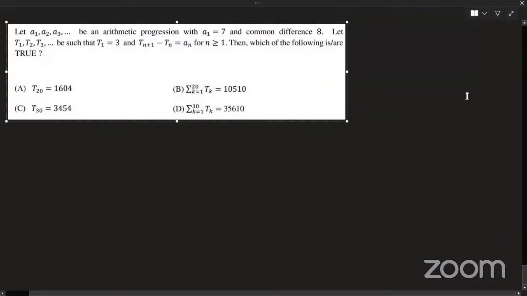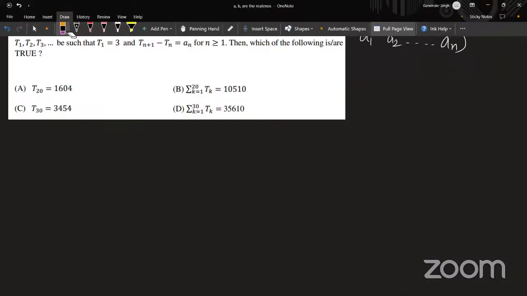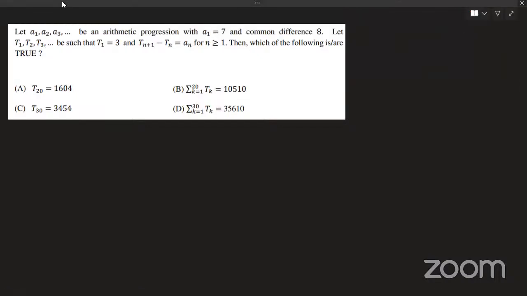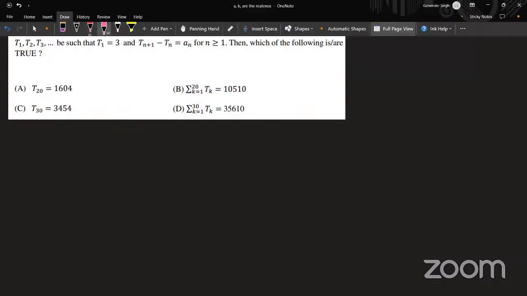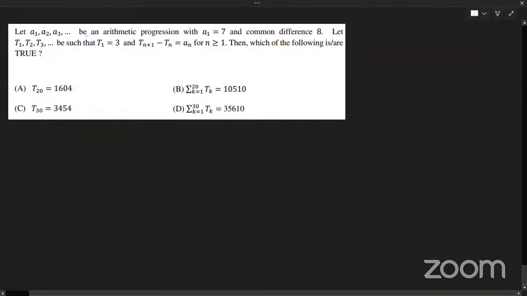So see, what is happening in this question is a1, a2, a3, so until a n. This is an arithmetic progression with first term 7 and common difference 8.